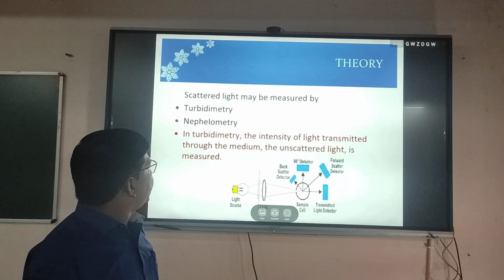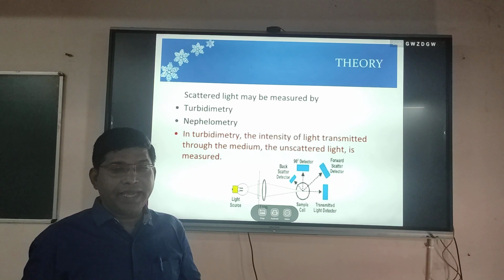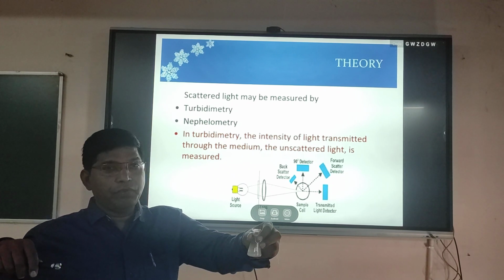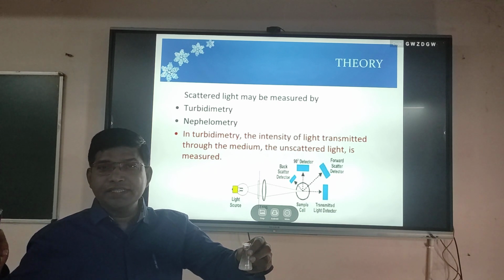Then scattered. As I told you, in nephelometry and turbidimetry scattered radiation is measured.